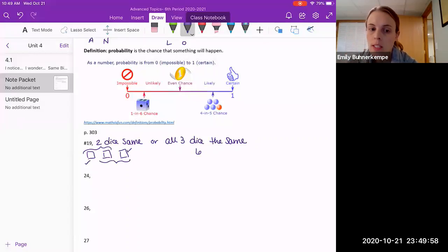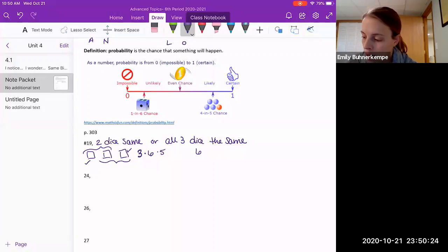So there are 3 ways to select the 2 matching dice. And the matching dice have 6 options, 6 sides on the cube. And then the third die, the one that does not match, cannot match the 2 die from before. So you would have 5 choices for that third die.